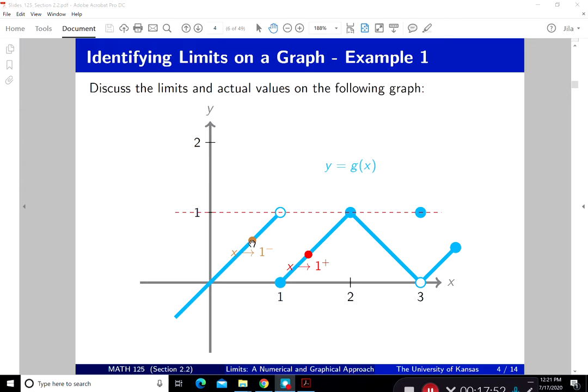So observe that we again use this x value, and the point with x value that is approaching from the left side to 1, and then another point with x value that is approaching from the right side to 1. So let's see what happens.